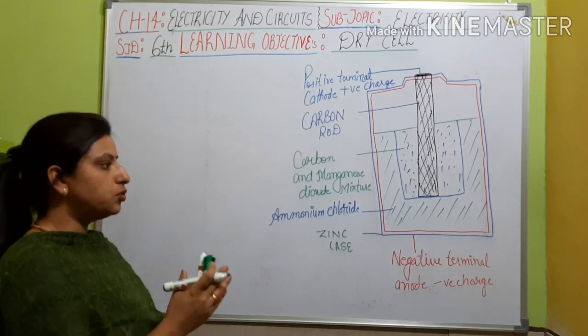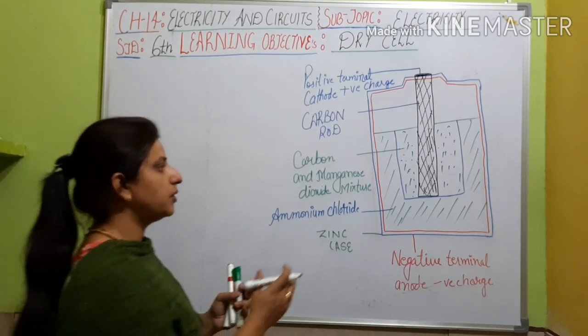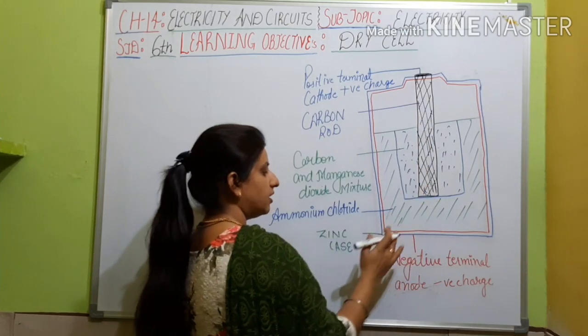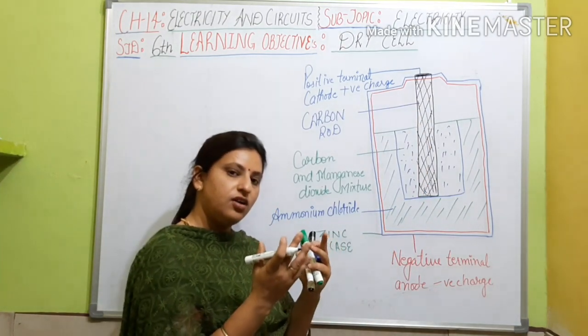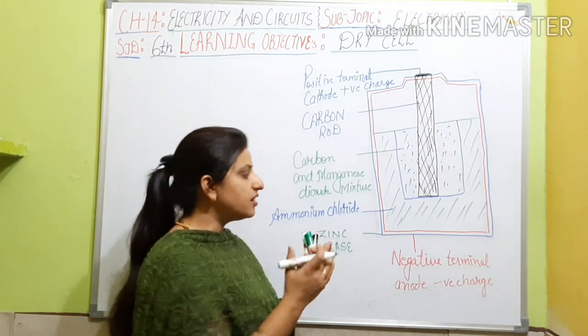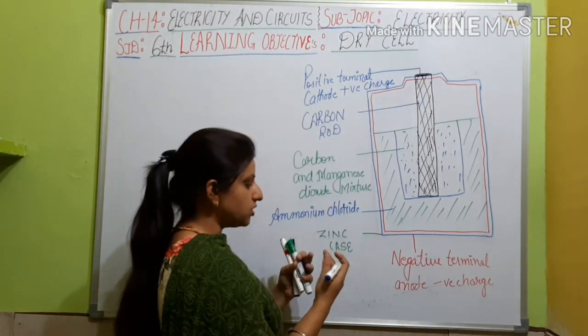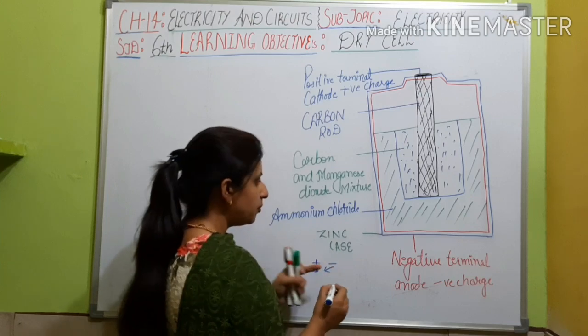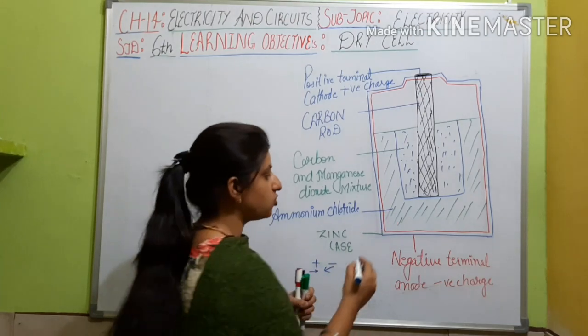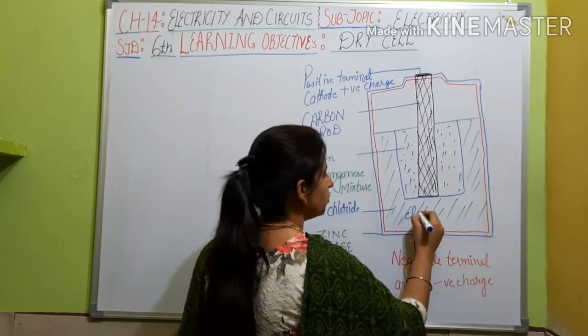As we know, the positive and the negative are both in a common container, but still they are not reacting with each other, because although positive and negative attract each other, they are not reacting due to the presence of this electrolyte.